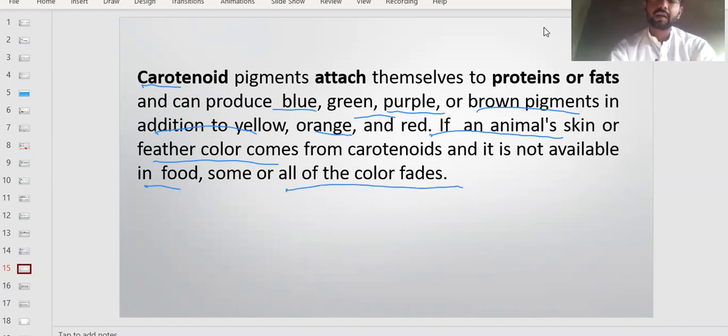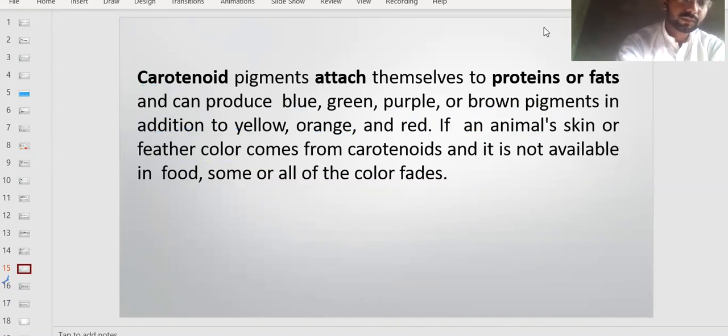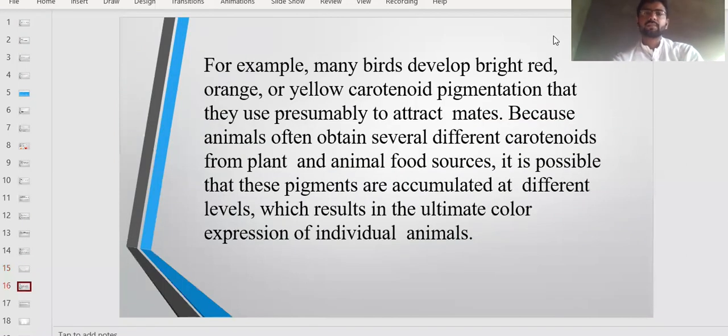Its color becomes faded due to the lack of carotene. For example, many birds can develop bright red, orange, or yellow carotenoid pigmentation.